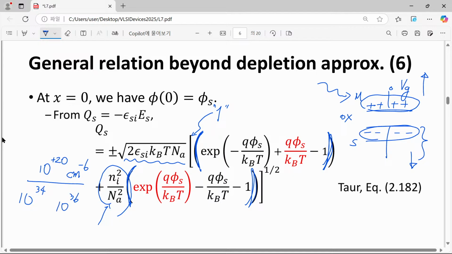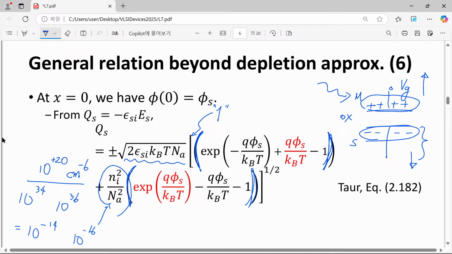And when you just do this math, then what you will get is a number corresponding to 10 to the minus 14 or 10 to the minus 16. Wow. So when you have a look at these two terms, although they look balanced, they are not balanced.